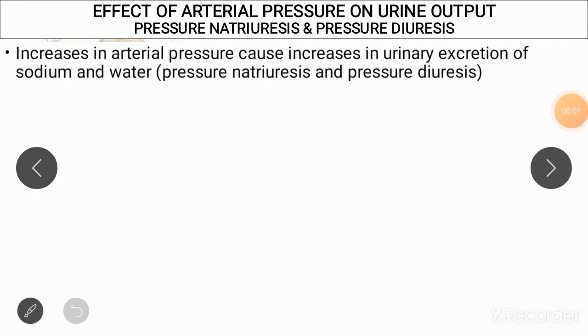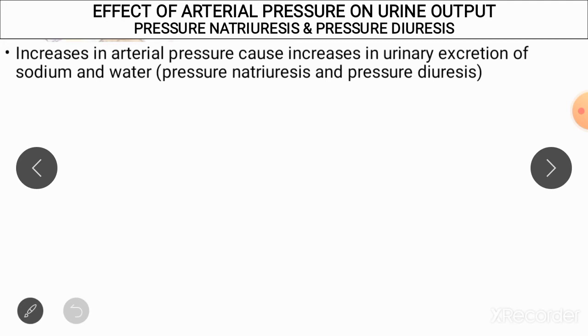Now coming to the effect of high blood pressure on urine output. Whenever blood pressure increases, there is increased excretion of sodium and water in urine, and this is known as pressure natriuresis and pressure diuresis.